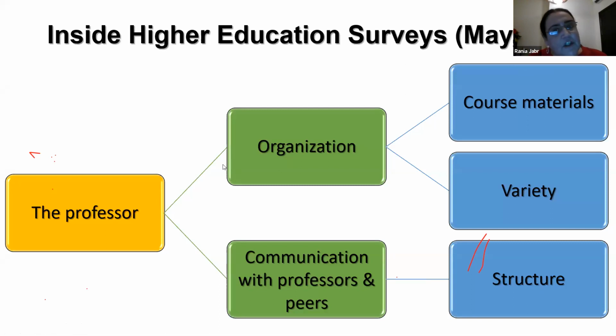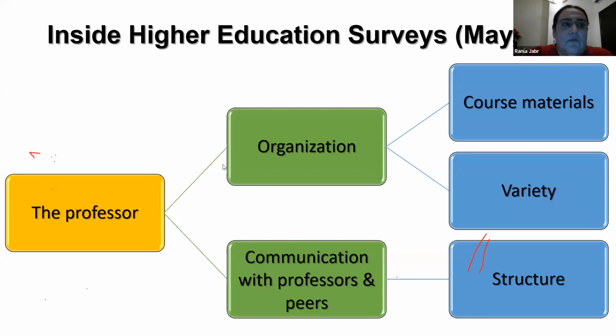Could you please tell me in the chat if you find any of this surprising? This is what university and high school students said in surveys in March, April, and May. Any thoughts? Did you find anything surprising here? Is it surprising that they would say the professor, for example?